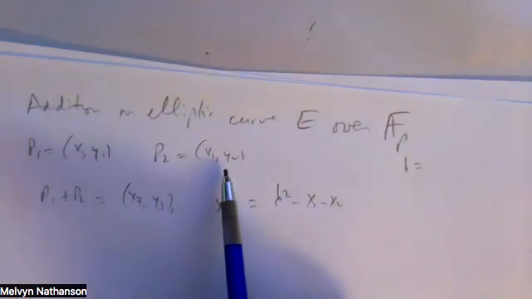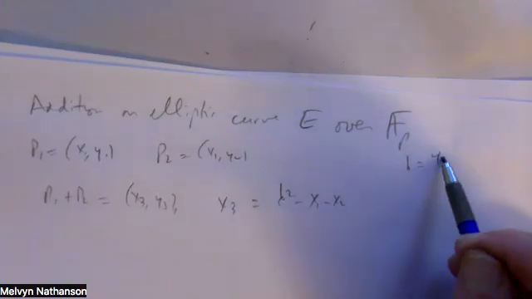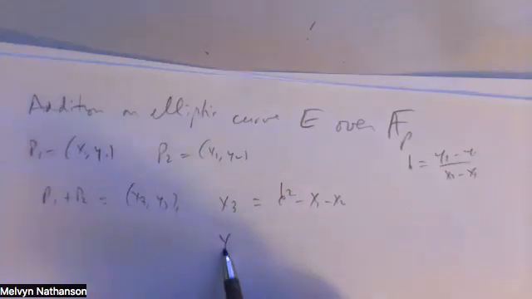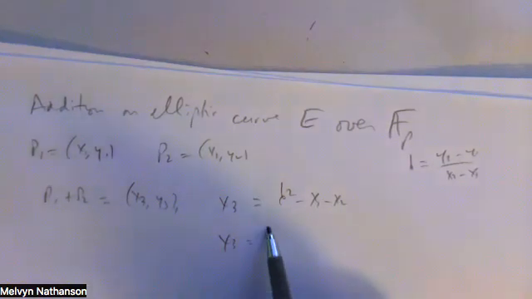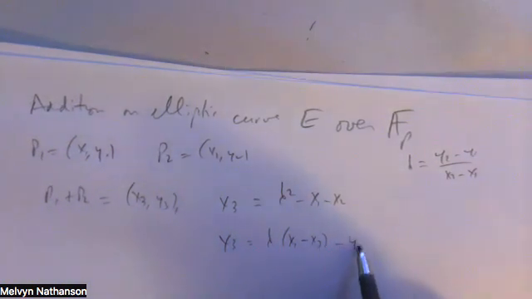Lambda is what would be the slope of the line through these 2 points, y2 minus y1 over x2 minus x1. And the second coordinate is lambda times (x1 minus x3) minus y1.